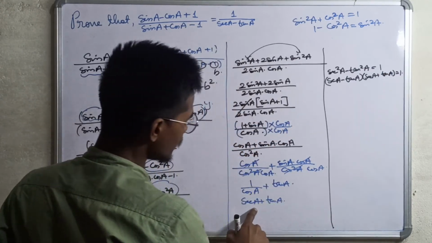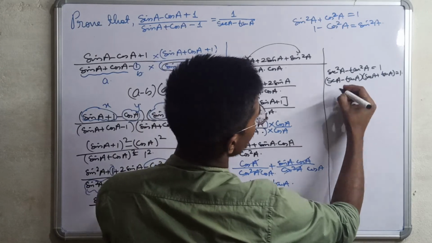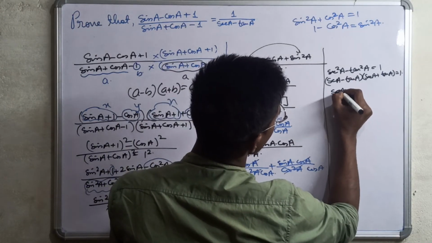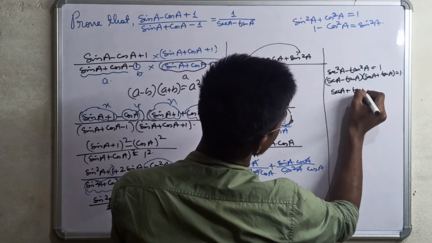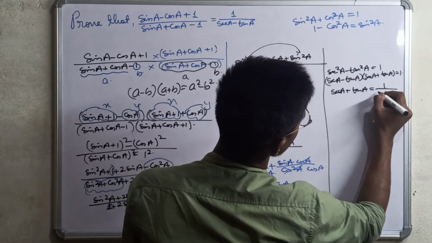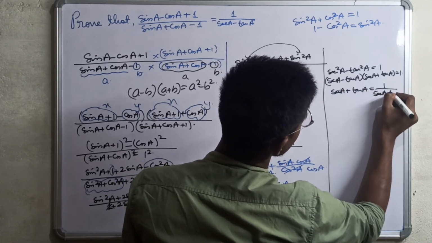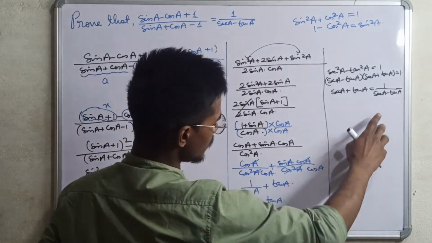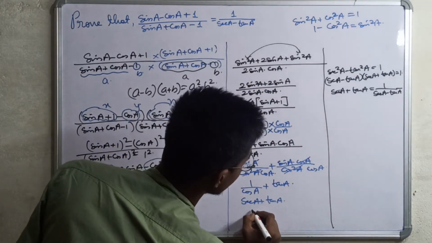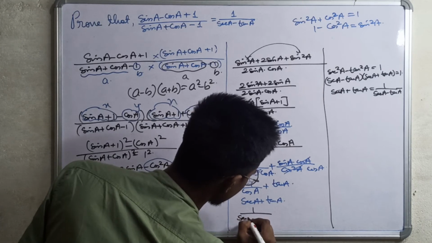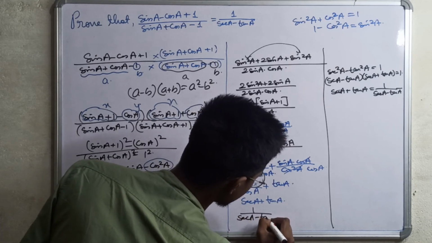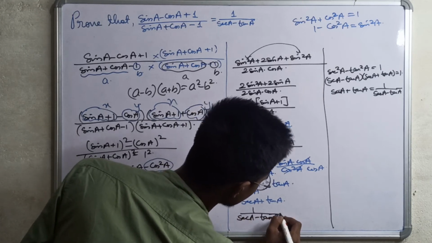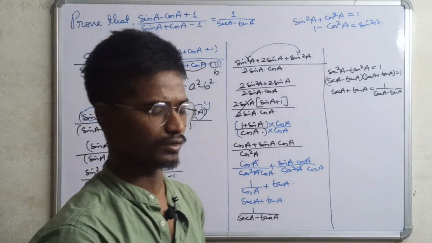So instead of sec a plus tan a, we can derive that sec a plus tan a is equal to 1 upon sec a minus tan a. We can write it obviously. So instead of sec a plus tan a, we can write over here 1 upon sec a minus tan a. This is the way to solve it.